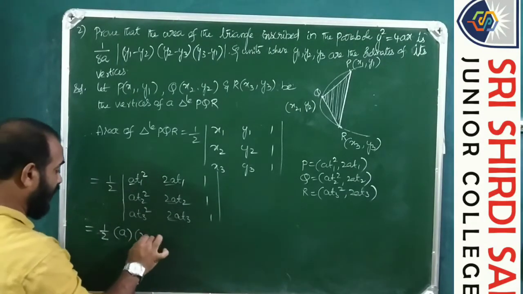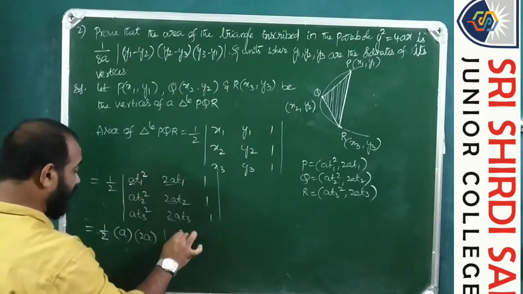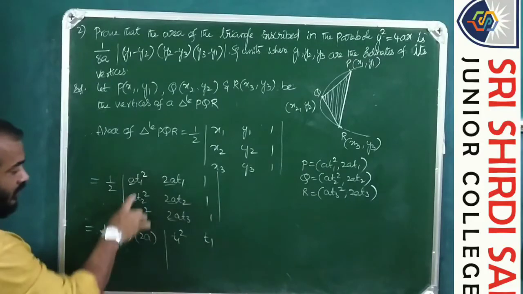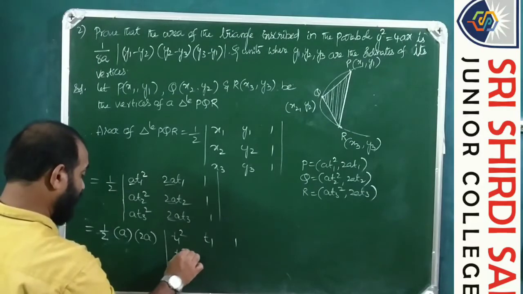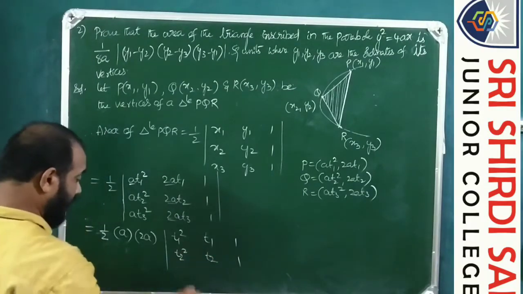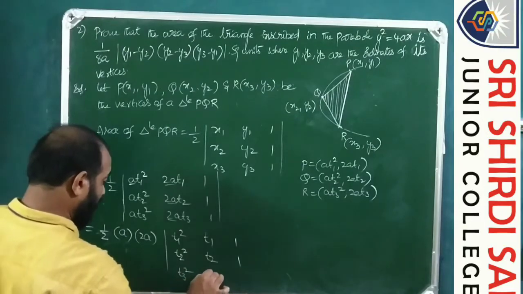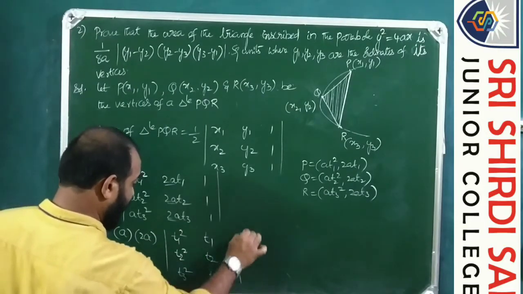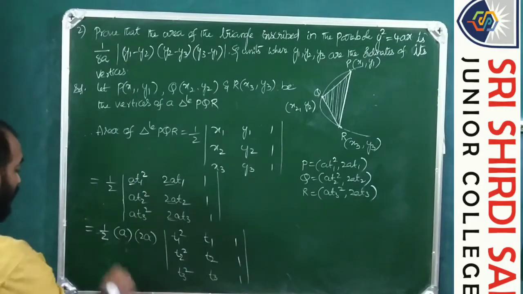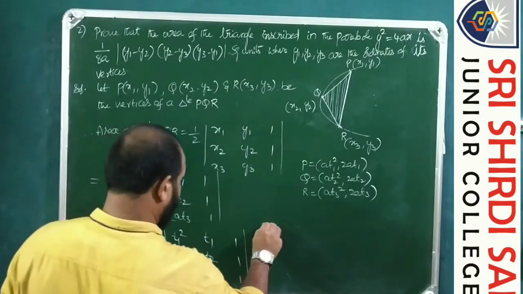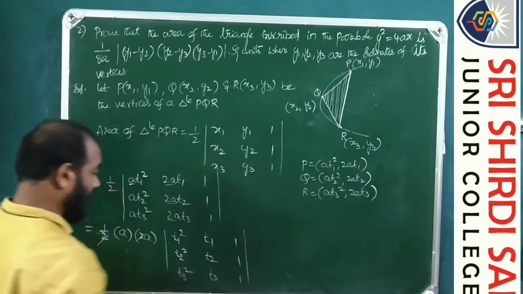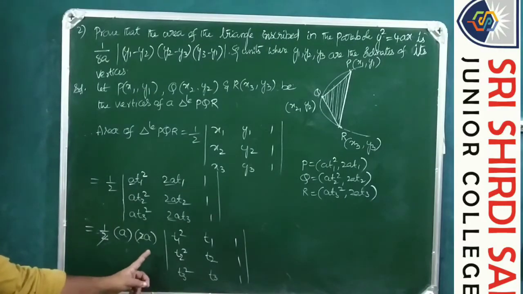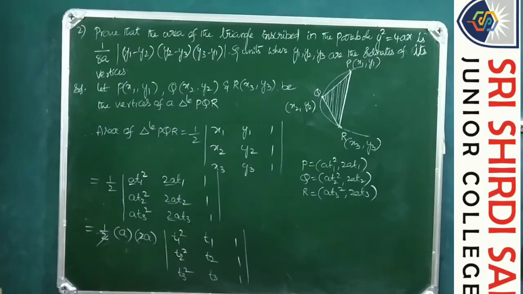So a into 2a, if I take that common here, then we are left with t1 square t1 1, t2 square t2 1, t3 square t3 1. This is equal to, 2 gets cancelled here, a square into, now let us do the row operations as well as column operations.